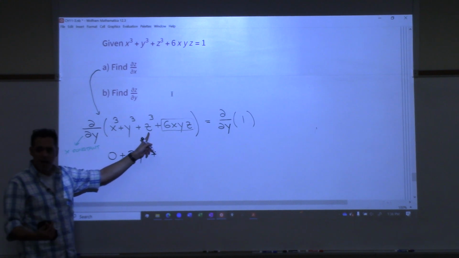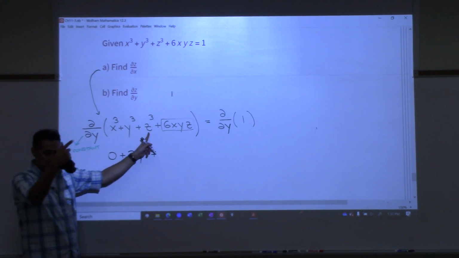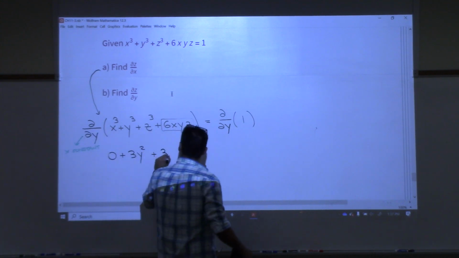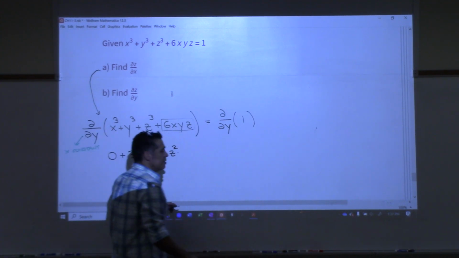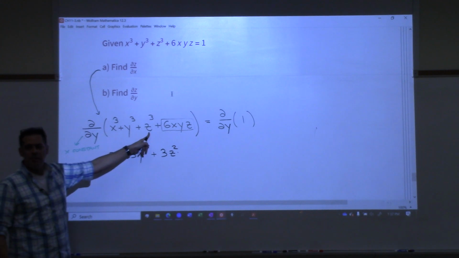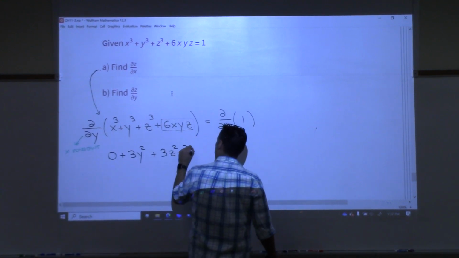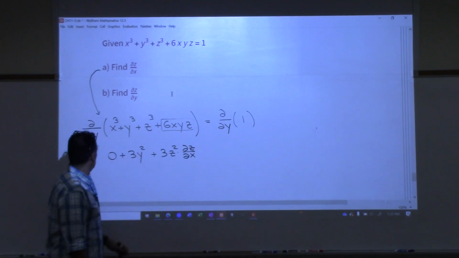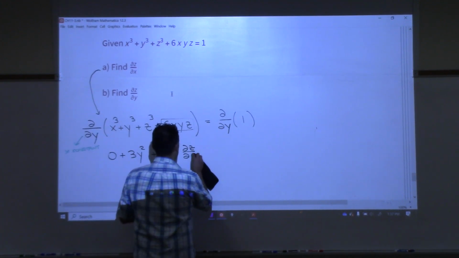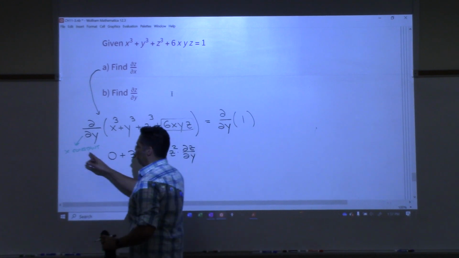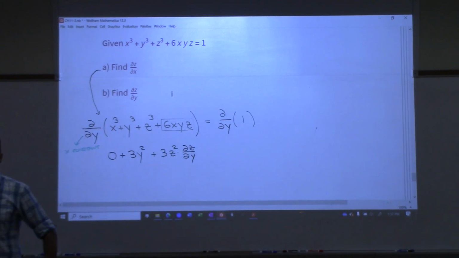Z depends on x and y, so that's going to be first power rule, 3z squared. But chain rule says now take the derivative of the base, the derivative of z with respect to y this time, not x. And that will be a partial. Anytime you're holding a variable constant, you're talking about a partial derivative. If you're holding one of your variables constant, then it can only be a partial derivative.